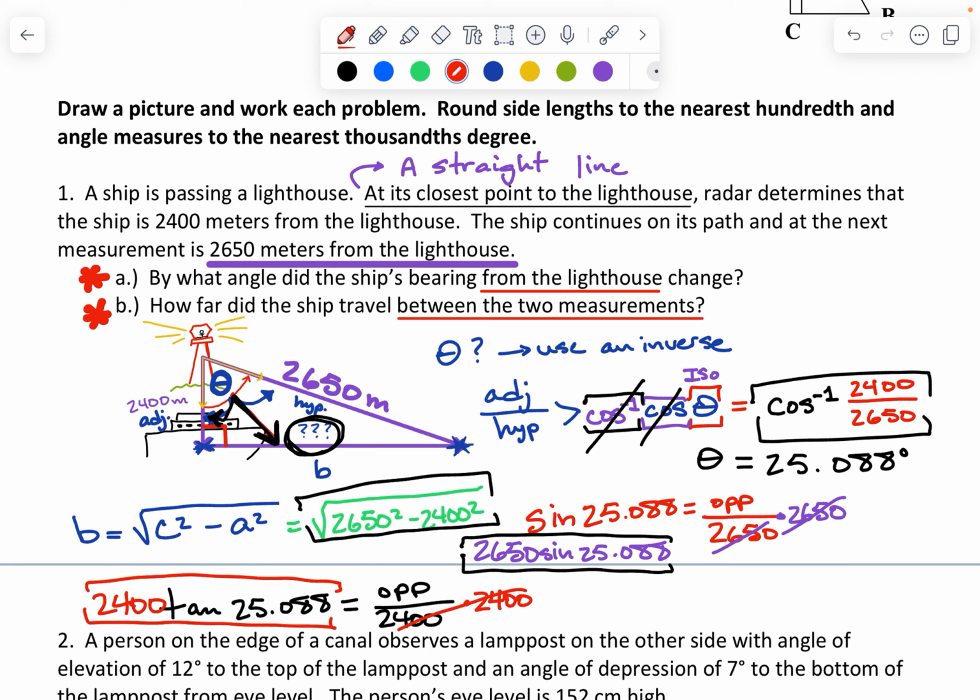Now, my point in doing this is to show you that there are multiple ways to come to the same conclusion, and there's multiple strategies that you can use. For every single one of these, your answer should be somewhere around 1123.61.